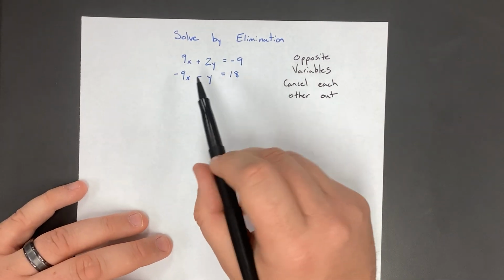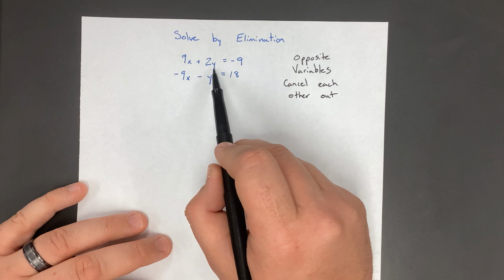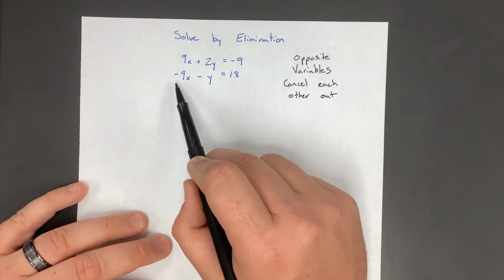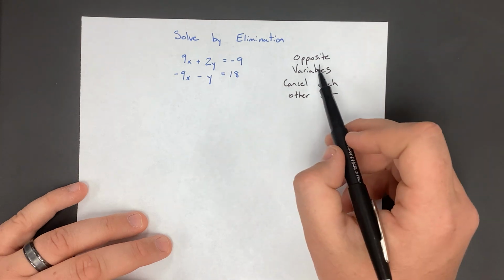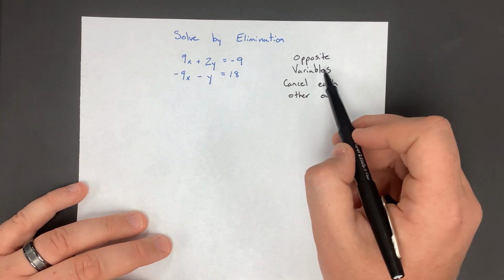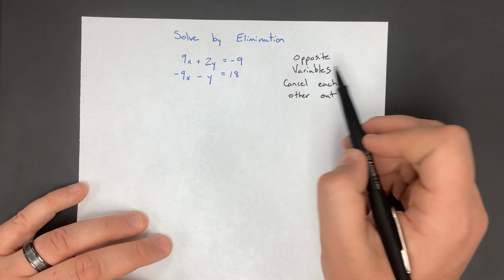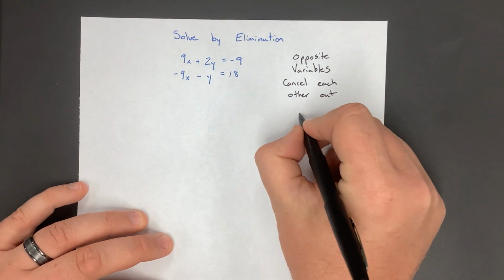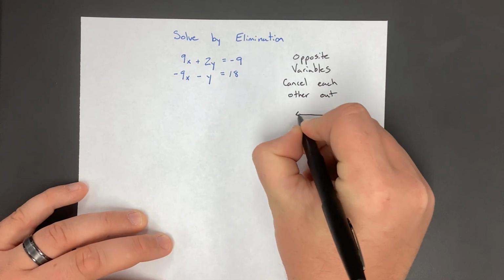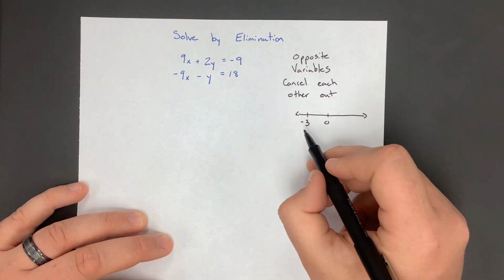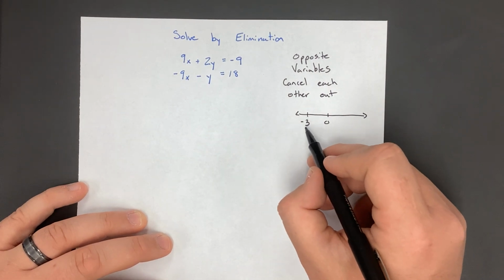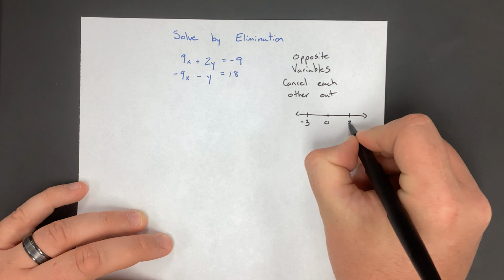So if we look at our equation, I've got 9x plus 2y is equal to negative 9, and then negative 9x minus y is equal to 18. So opposite variables are going to be variables with coefficients on opposite sides of the number line. So if I think about a number line, all right, the number negative 3, opposite that on the number line would be positive 3.